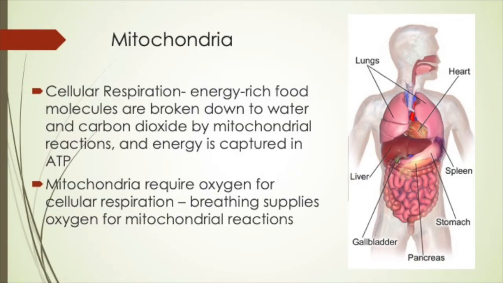Speaking of mitochondria, cellular respiration undergoes in the mitochondria. We should know that. So, all things needed for cellular respiration, we need food, we need water, and we need to breathe, right? We need oxygen, obviously.